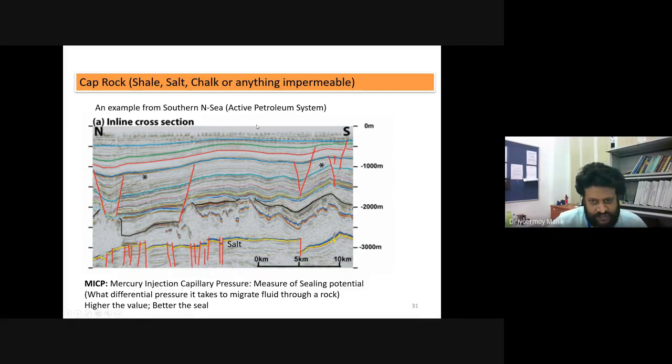This is the shallowest part, the surface of the earth, and then the depth essentially increases. These layers are perhaps gently folded, very gentle folding, and then you can spot some discontinuities, some faults.